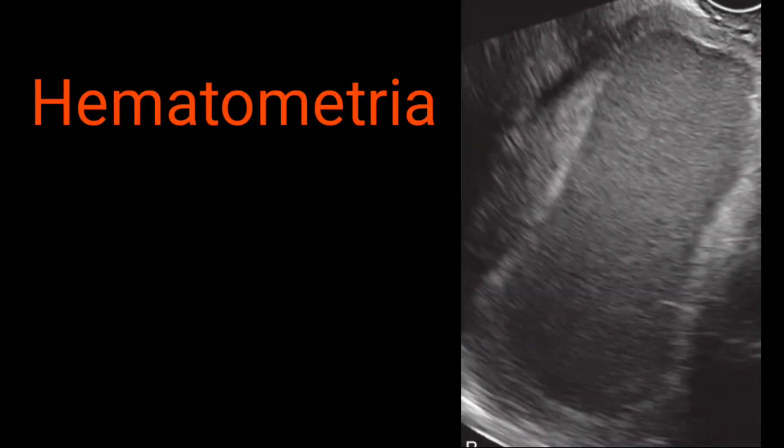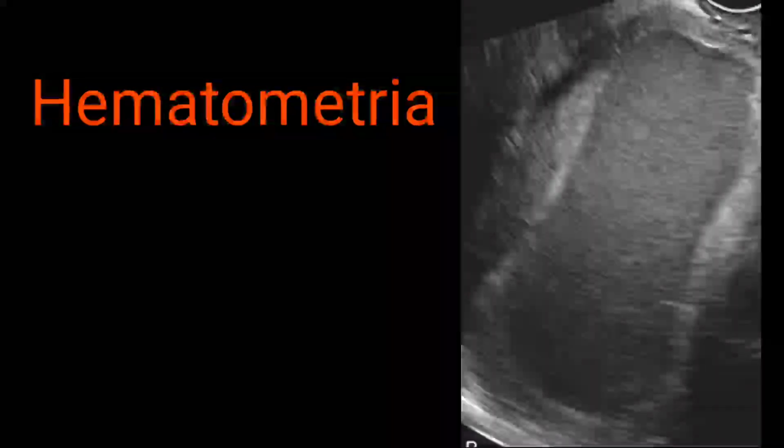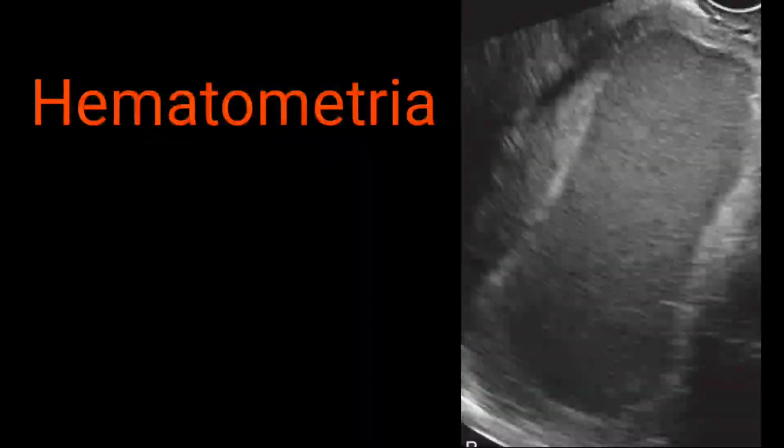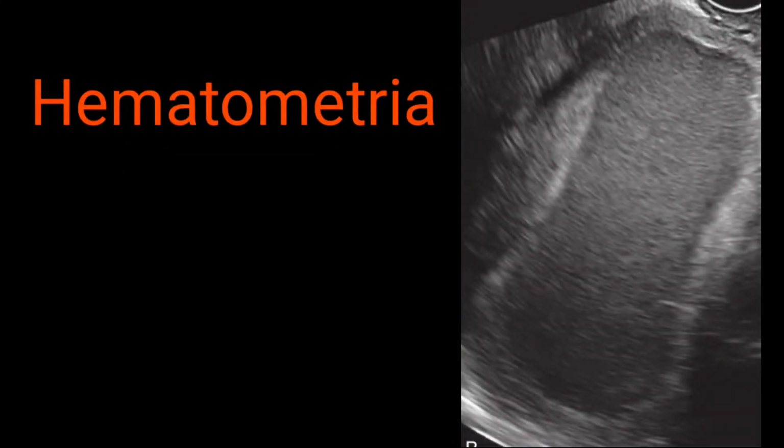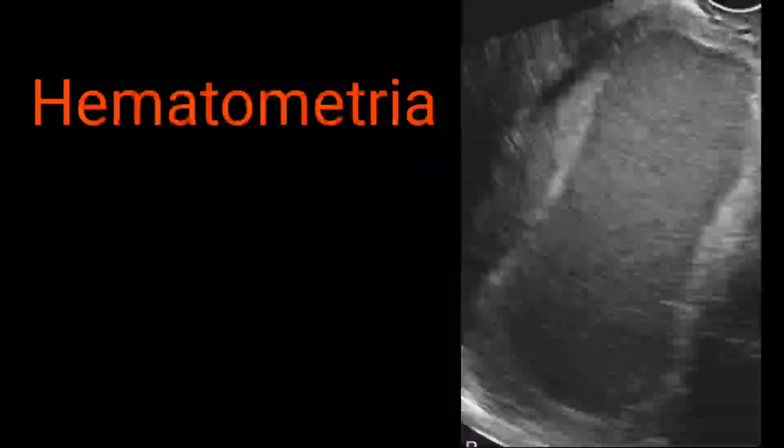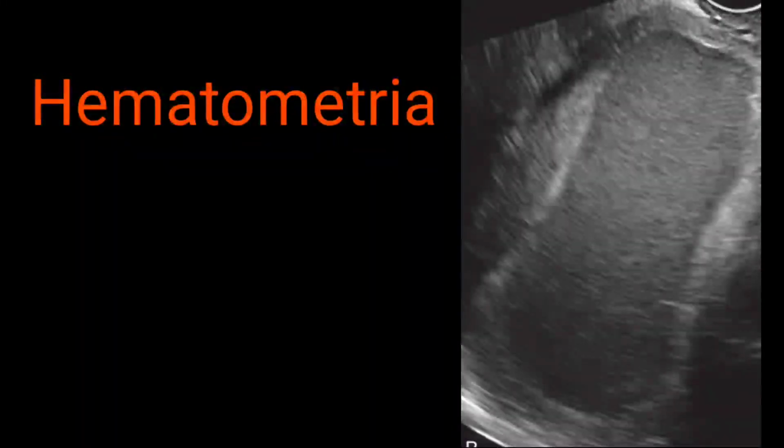On the TVS, here you can see that the endometrial cavity is markedly distended and filled with low level internal echoes, which is likely blood. Again mention that transabdominal and transvaginal scans were done, the uterus was distended and filled with a collection of low level internal echoes, most likely blood, and the findings are suggestive of haematometra. So this was a case of haematometra.